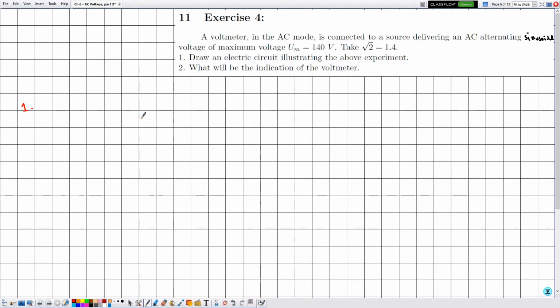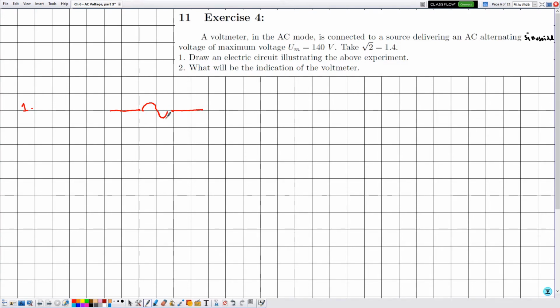So let's start with the AC alternating sinusoidal voltage source, and we have seen that its indication is given by this. So this is the AC voltage source.